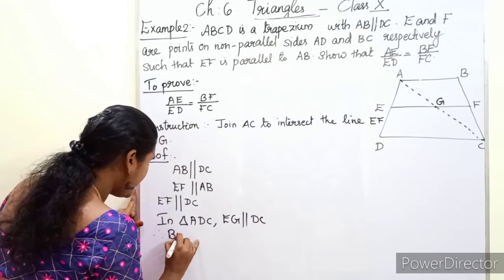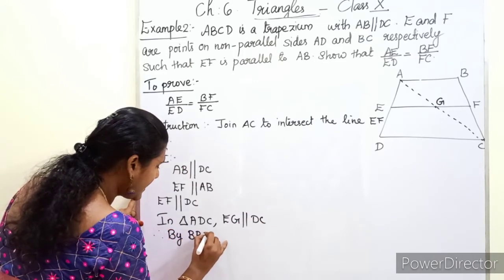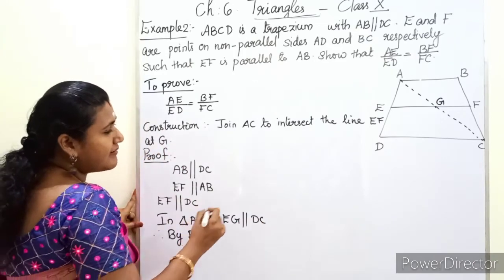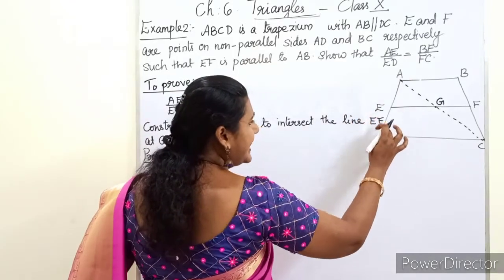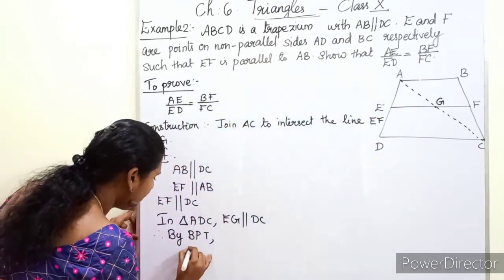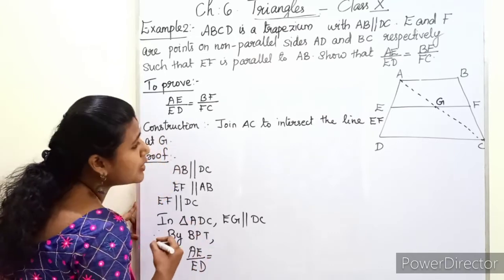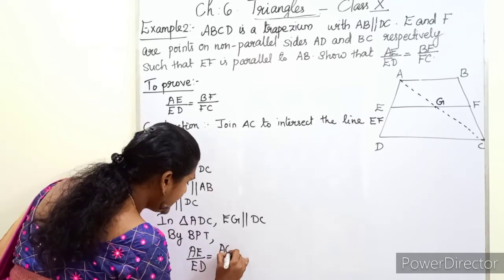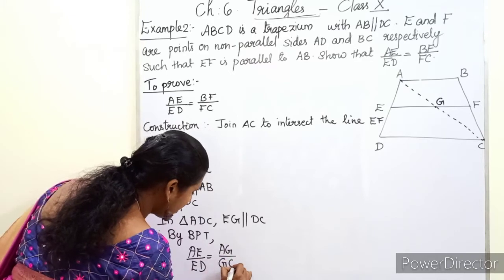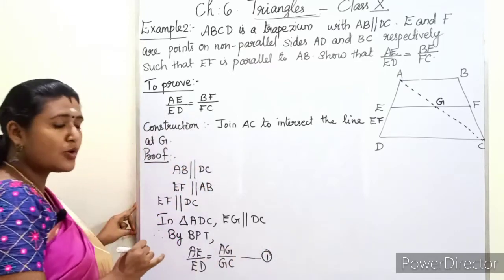Therefore, by basic proportionality theorem, we can write AE by ED is equal to AG by GC. This is the first equation.